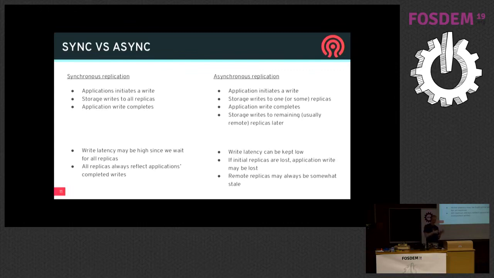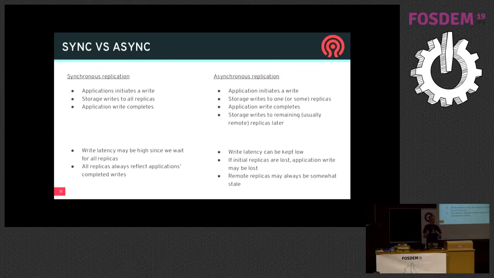So in synchronous replication, you tend to have a higher write latency because you're waiting for all the replicas to write and complete. But you have a consistent model because all the replicas are always in sync, presumably, and your application can go on. And usually when we talk about synchronous replication, we're talking about a single Ceph cluster, because internally to the Ceph cluster, we're doing synchronous replication.